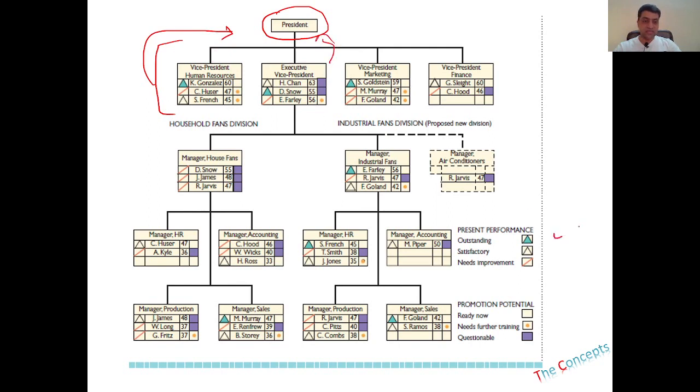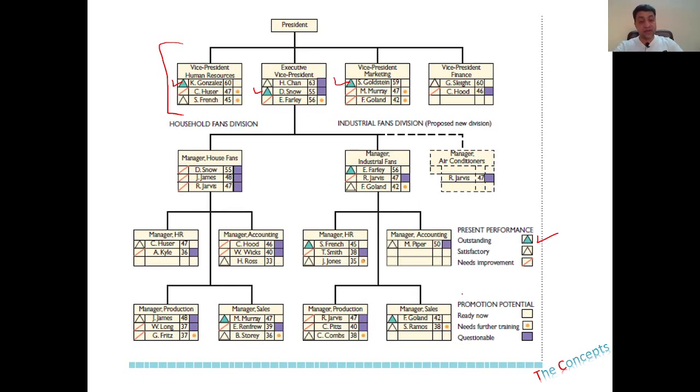Using these keys, we can easily identify what kind of person can be promoted. So let's look at the people who have the outstanding performance. Who has the outstanding performance from here? This person, and this person. So these three have the outstanding performance.